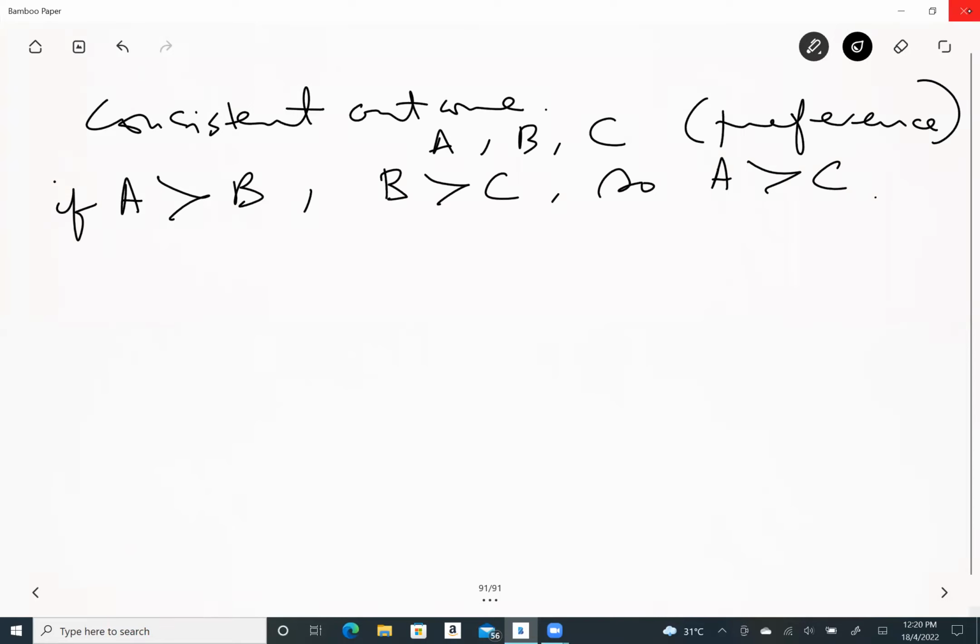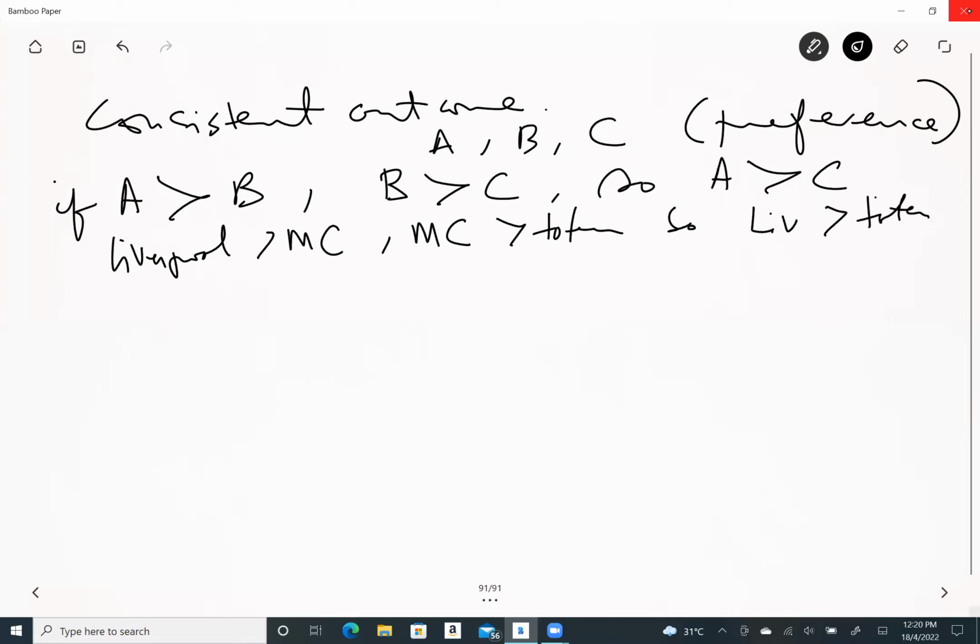For example, Liverpool beat Manchester City. Sorry, who likes Manchester City? I'm Liverpool. Okay, Manchester City will anytime beat Tottenham. So by logic, Liverpool beat Tottenham.